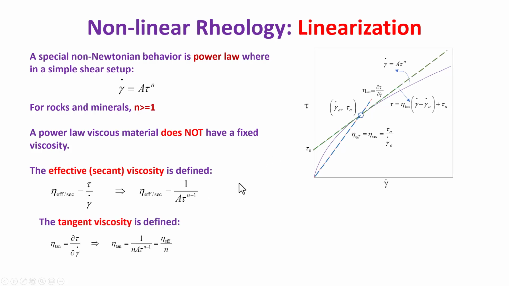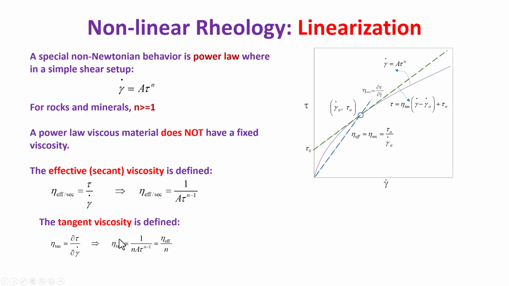Another useful concept is called tangent viscosity, which I also introduced in session 2. The tangent viscosity at a stress or strain rate state is the slope of the tangential line of the nonlinear relationship. So for this power law relationship, one can easily obtain this relationship.